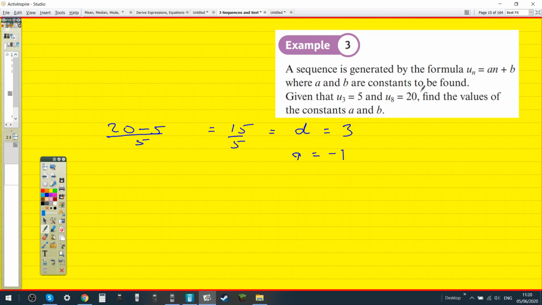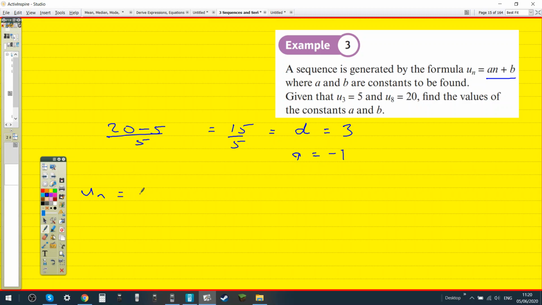And so they kind of used different letters. They just used A and B. So which is which for this one? So it goes something like Un equals -n plus 3. I don't think so.